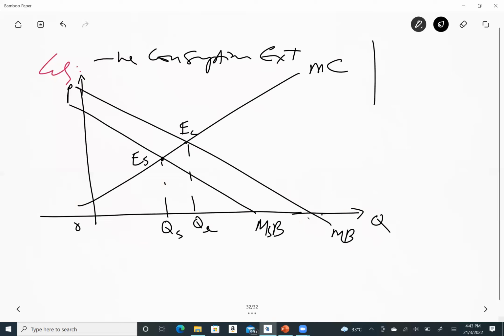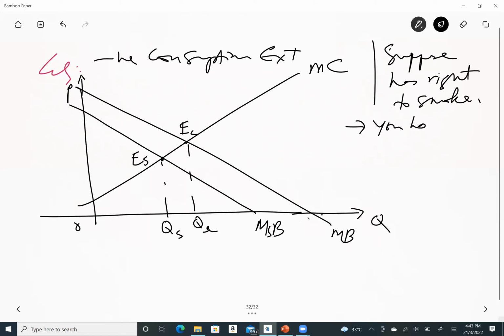Now, let us suppose that the person who smokes has the right to smoke. That means your friend has the right to smoke. So when he has the right to smoke, what do we do? Now you have to bargain with him. This bargain doesn't mean that you quote scripture.